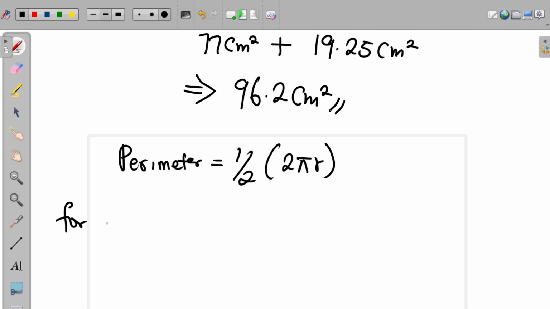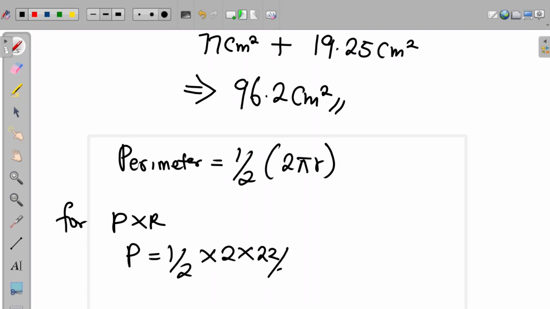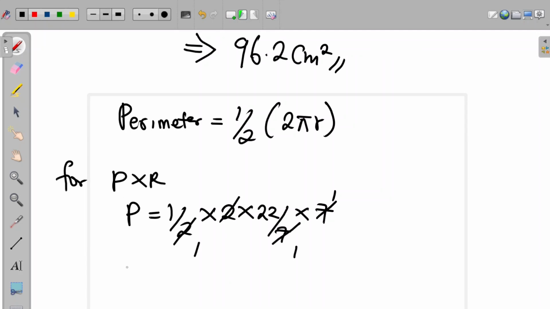So for PSR, we have it that the perimeter is giving us 1 divided by 2 times 2 times 22 divided by 7 times our radius, 7. So 7 cancels 7, 2 cancels 2. So therefore, for PSR, perimeter P is equal to 22 cm.